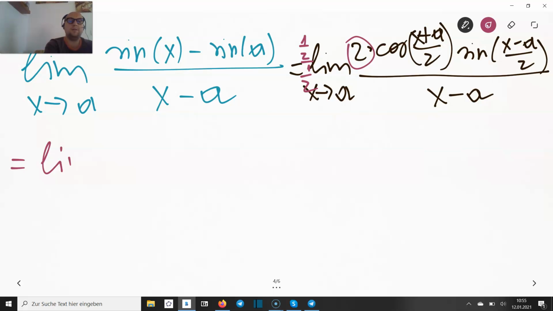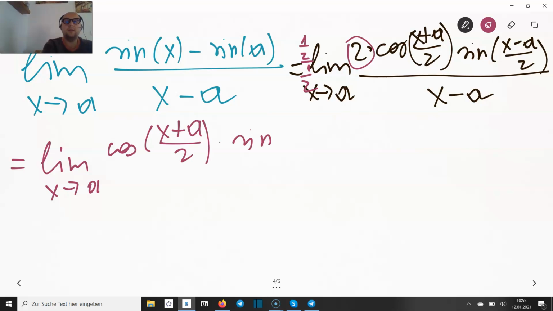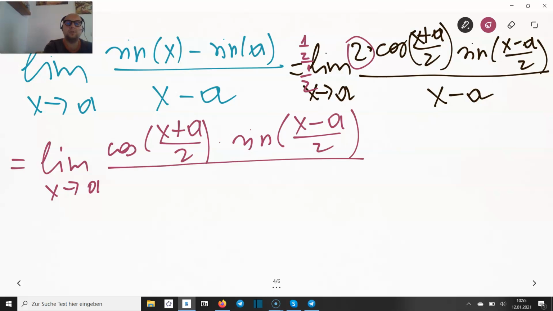So let's write it down. We have a limit, x is approaching a, of cosine of x plus a divided by 2 times the sine of x minus a divided by 2. Now maybe you see why I was doing all the preparation.